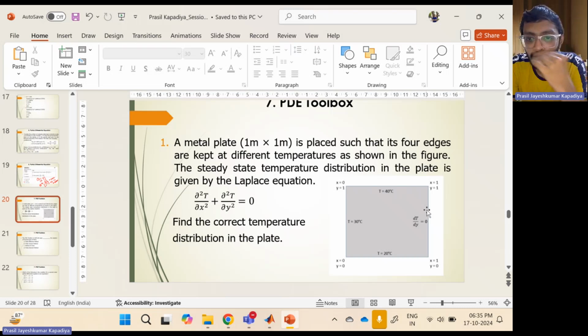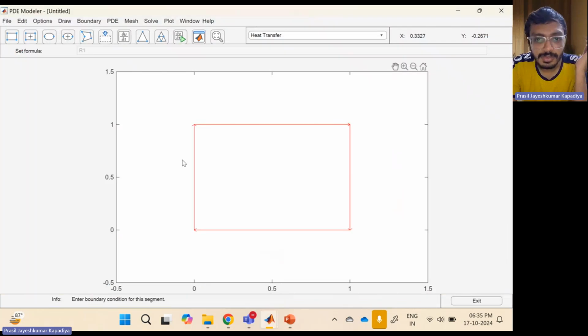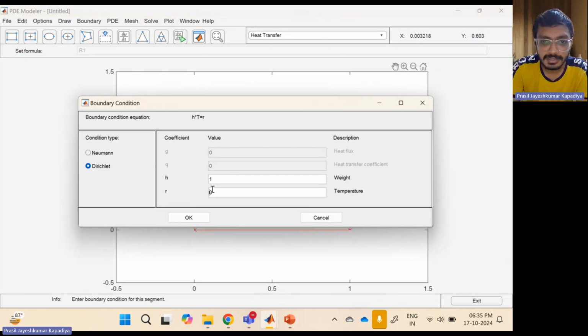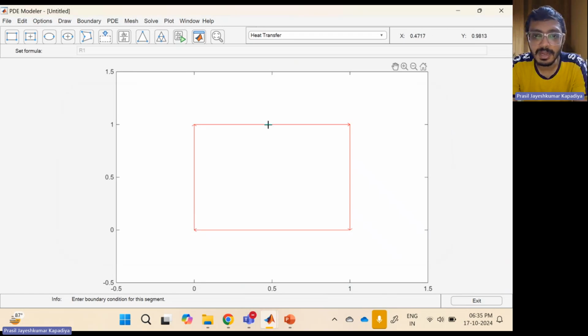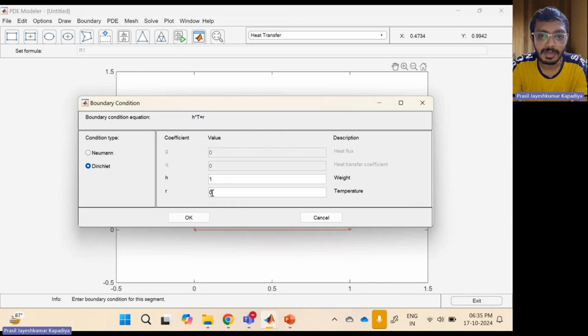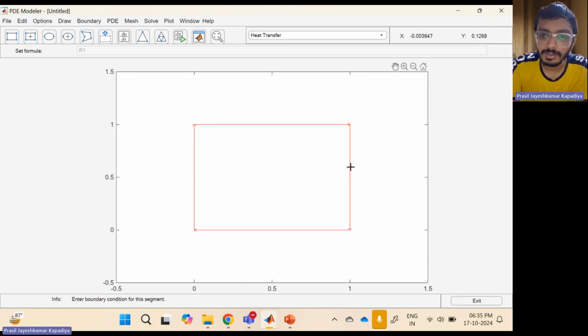Then similarly, for this it is 30 and for this it is 40. I will choose this one and write my temperature as 30. And similarly for this portion, I will write it as 40.